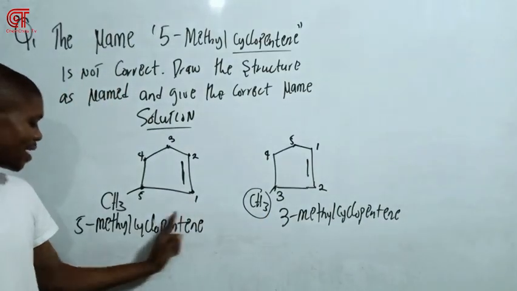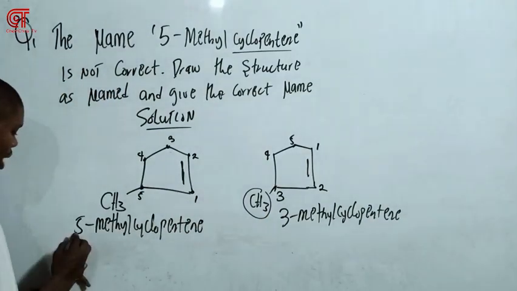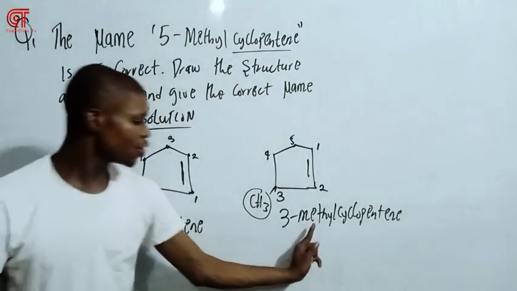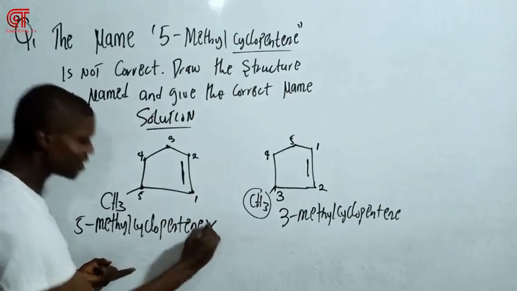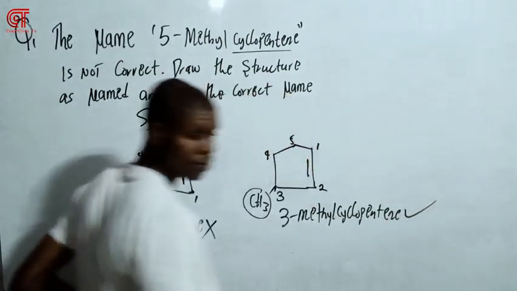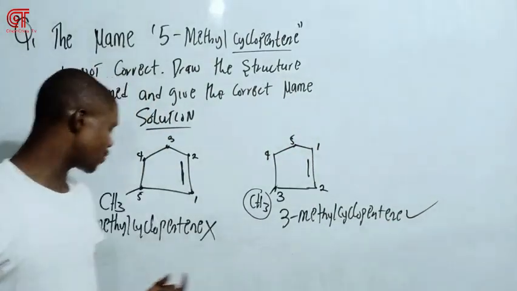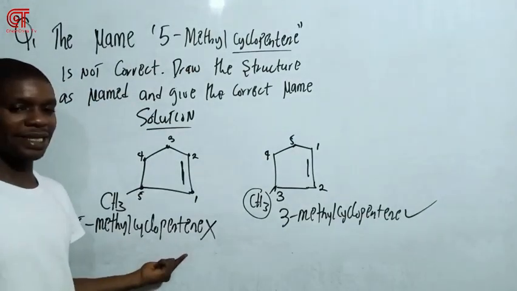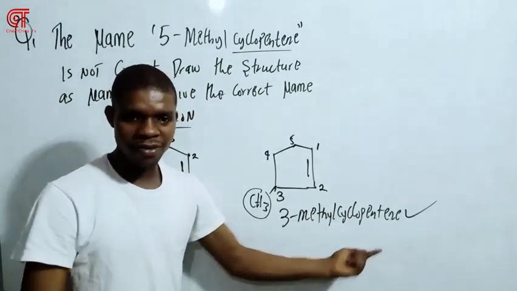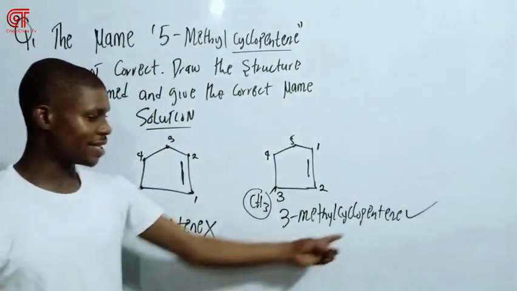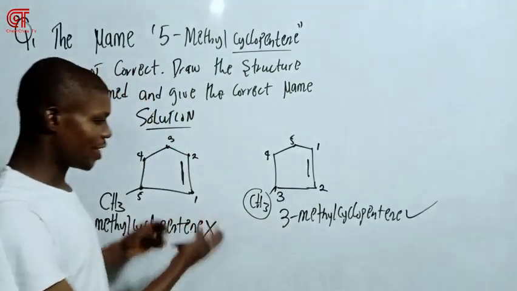At this point, the substituent is on carbon 5; here, the substituent is on carbon 3. So this is the wrong one and this is the right one. The correct name, instead of 5-methyl cyclopentene, is 3-methyl cyclopentene. Hope you understand. So these are the answers.